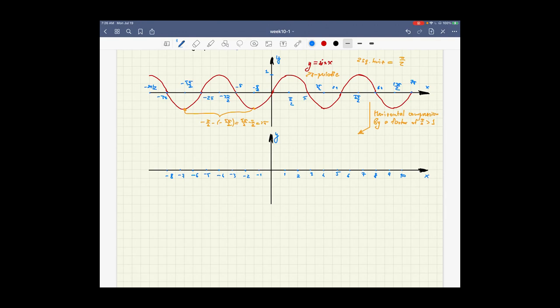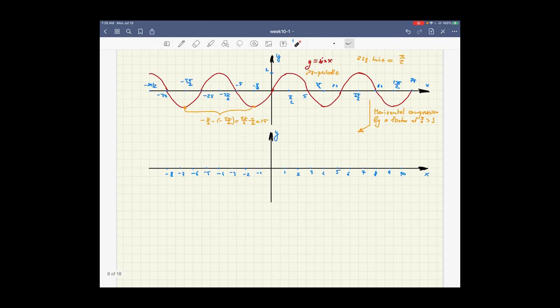And so at 1, 3, 5, and 7, we will have maxima and minima. At 2, 4, 6, 8, and 10, we'll have our zeros. So the graph will look like this.